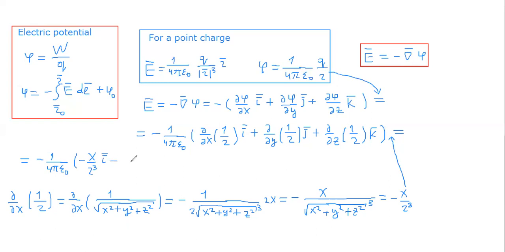It will be minus y divided by r in third order, and minus z divided by r in third order k.